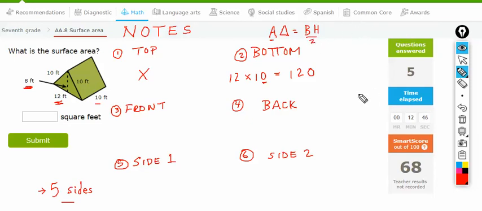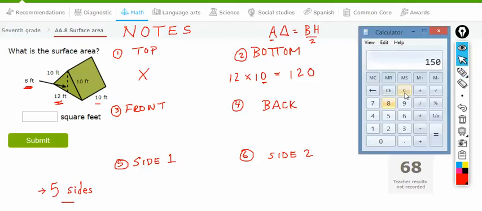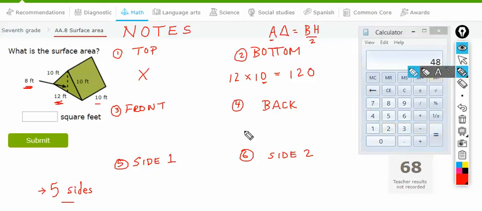So that's where that's coming from. So that's going to be 8 times 12 divided by 2. 8 times 12 divided by 2 is 48. That's the front and the back.